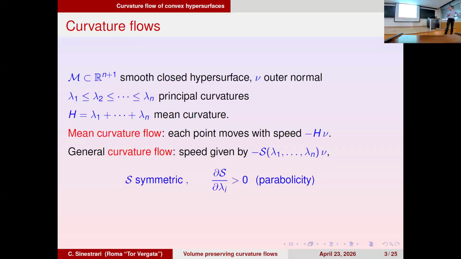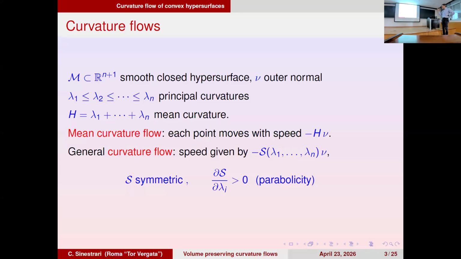And the interest is how general can we choose our speed? Can we choose a general symmetric function of the curvatures? Well, it's well known the main condition needed is parabolicity, so the monotonicity with respect to the curvature.